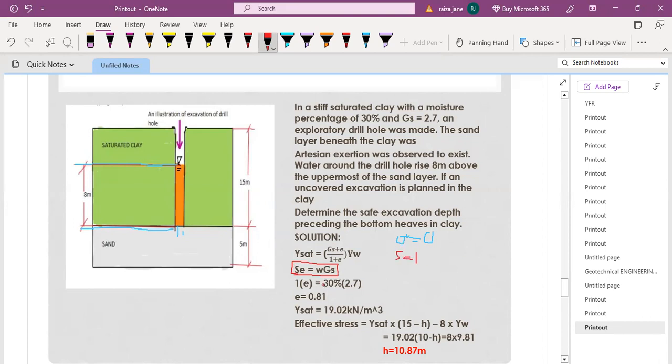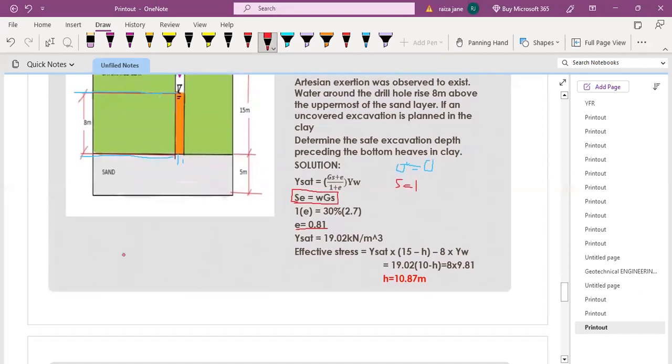The moisture content of our stiff saturated clay is given as 30%, then we have a specific gravity of 2.7. So the void ratio we get will be 0.81.